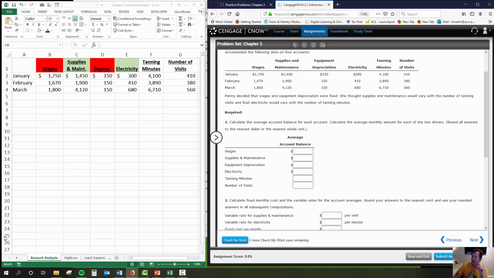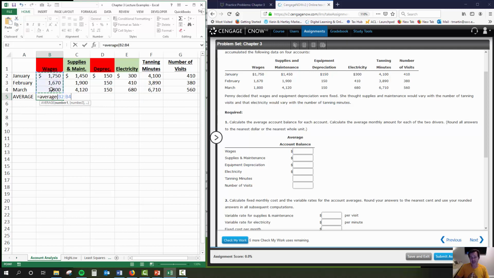So back to number one here. We need to calculate the average account balance for every account. Those four guys right there. We need to calculate the average monthly amount for the two drivers. I'm just going to put a formula in here. And again, another thing the Excel spreadsheet is going to do for you, it's going to save you some time doing some math. The formula for average is equal average.